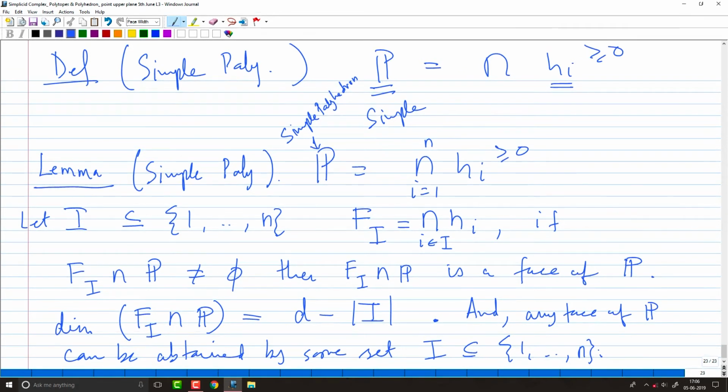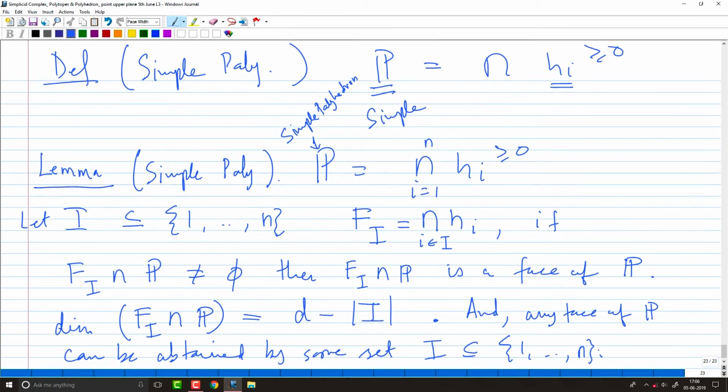I will try to explain this and then I will end. What are we trying to say? Your polyhedron is basically the intersection of these half planes Hi greater than or equal to 0. Now I said, select some index set I from 1 to n, and let us say that the intersection of these Hi's, where i belongs to I, with the polytope is non-empty. That can happen, right?